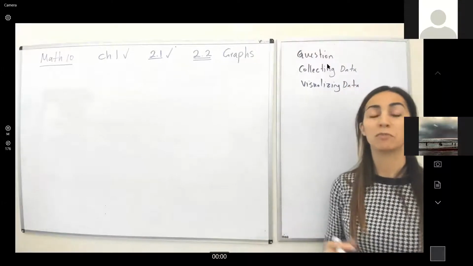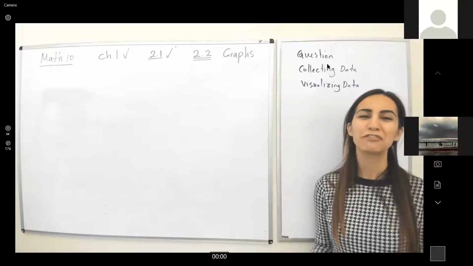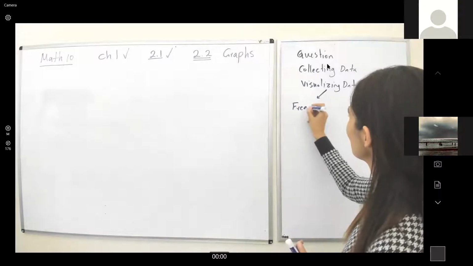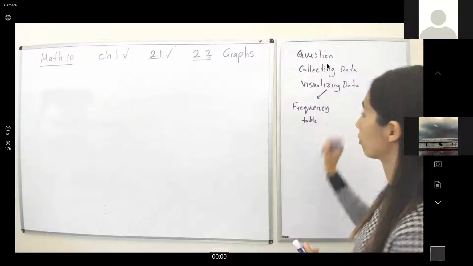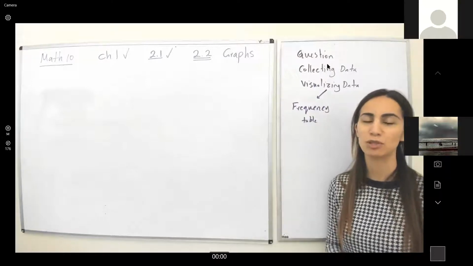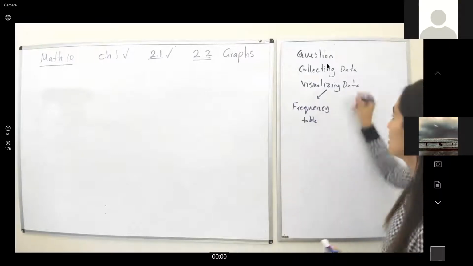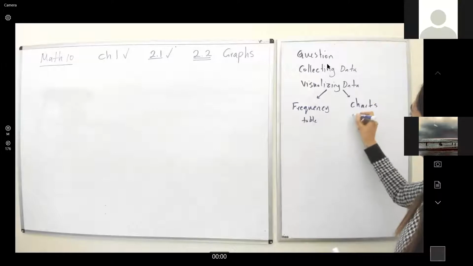So yesterday we mentioned that to visualize the data, you can use either a frequency table. We learned how to form and construct a frequency table. Then we learned how to construct a relative frequency table. Today we're going to talk about charts and graphs.